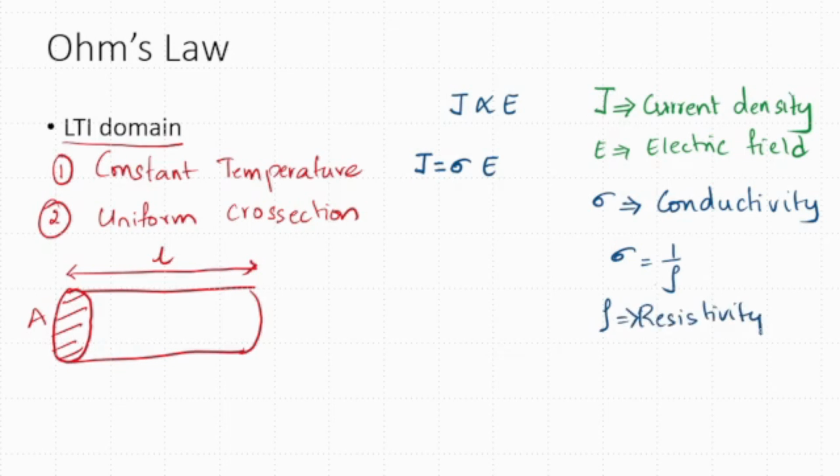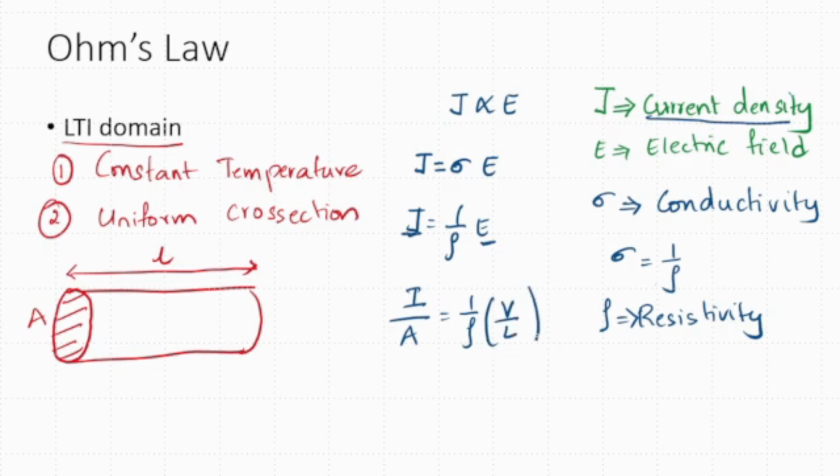Yeah. So, J is equal to 1 over rho E, where J can be written as I over A, since it is current density, and E can be written as V over L. Clear? Now, V can be written as what?